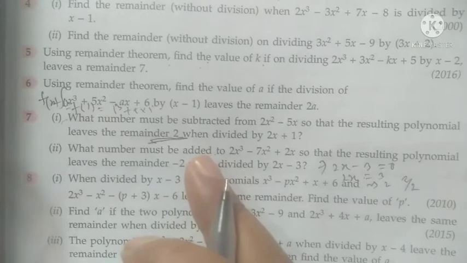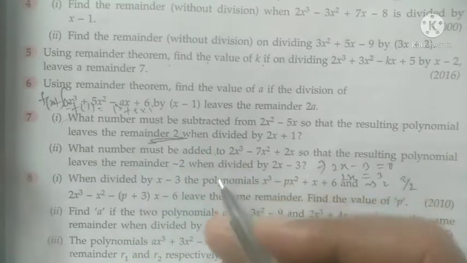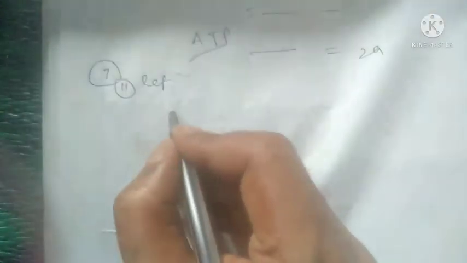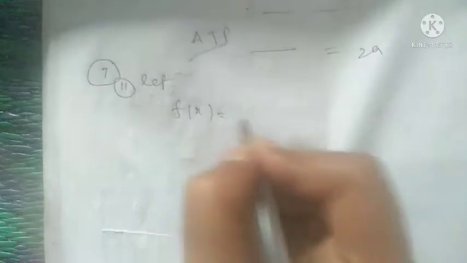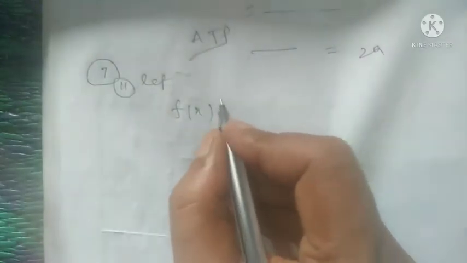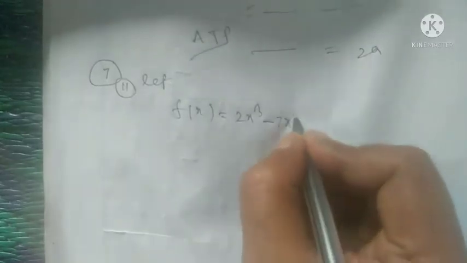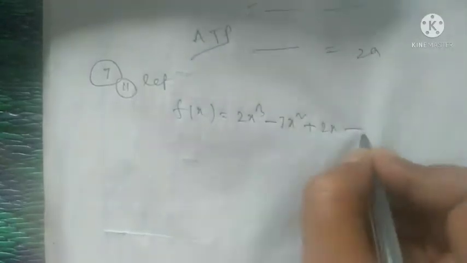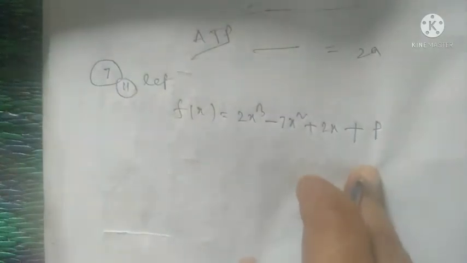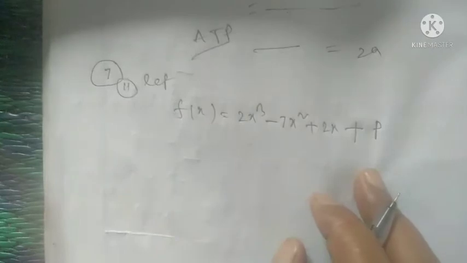Here, first of all, you have to write let f of x is equal to 2x cube minus 7x square plus 2x plus p. Okay, we are taking p as the number to add to the polynomial.